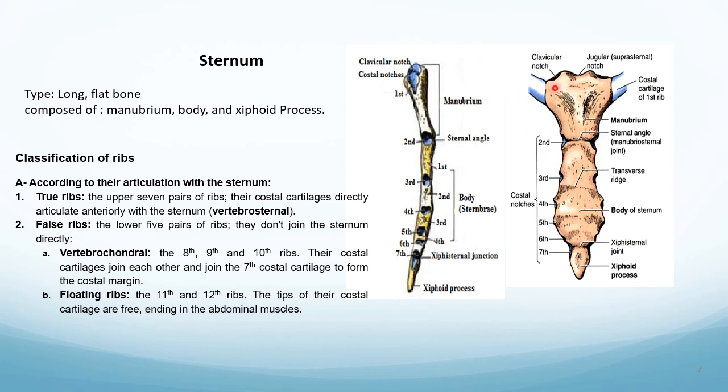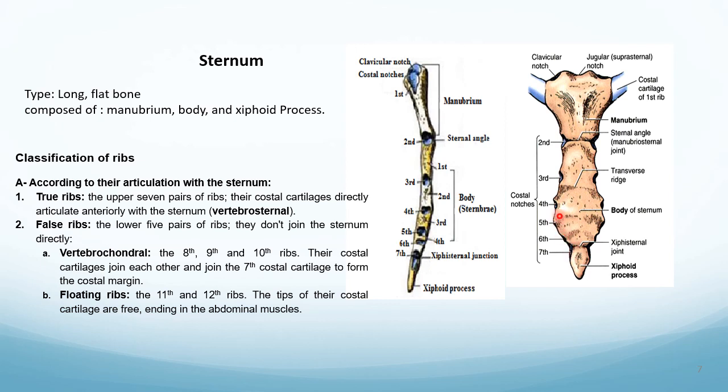The manubrium articulates with the first and part of the second costal cartilage, while the body articulates with the second to seventh costal cartilage.